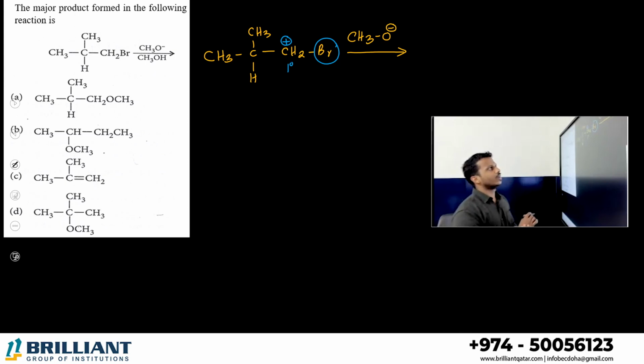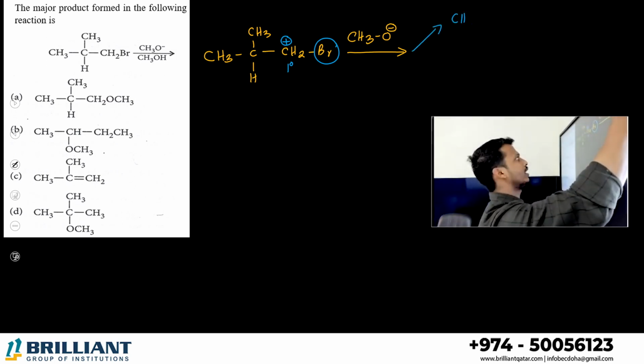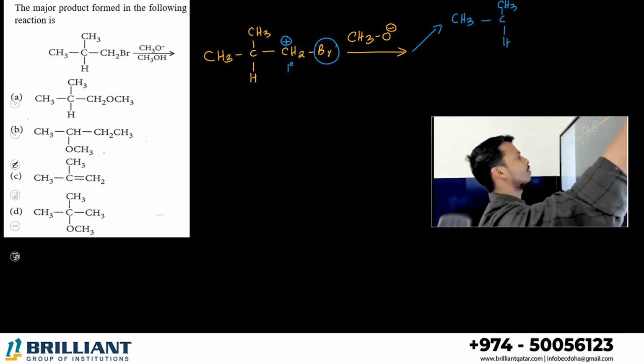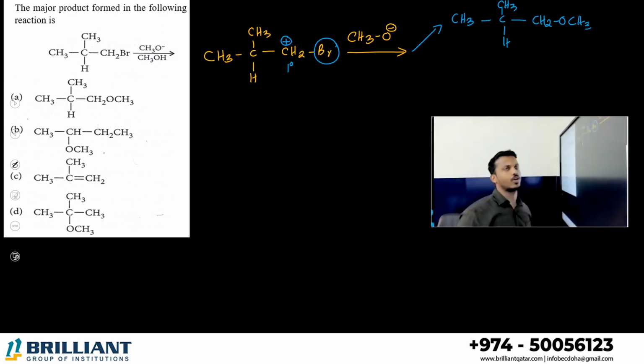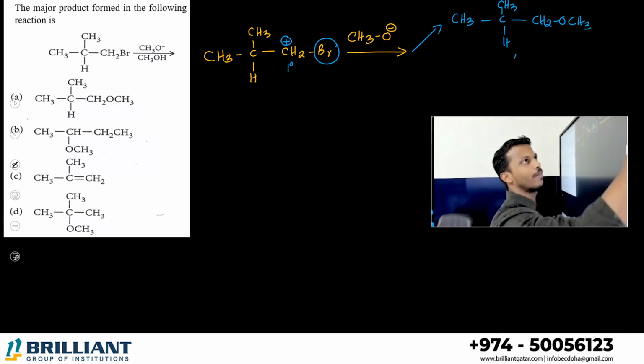If you directly add OCH3 into that position, you will get this product: CH3CH(CH3)CH2OCH3. This is the product we are going to get. That option is already given in option A, but it is a minor product.